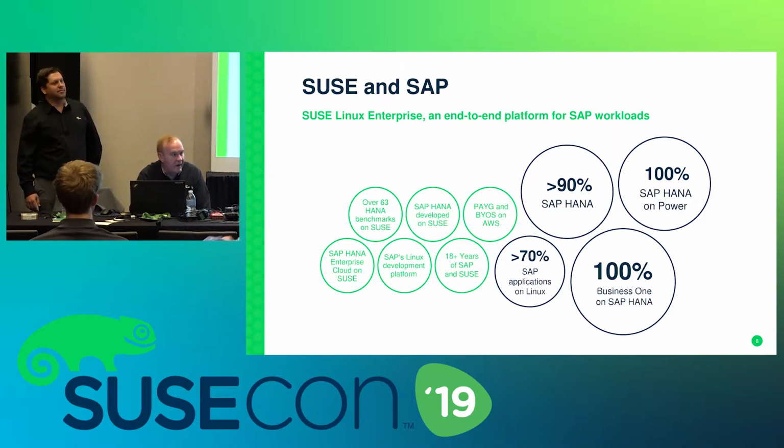Their cloud is based on our SUSE OpenStack cloud. We have 18 or 19 years of working with them, with people on site at Waldorf, Germany, where the SAP Linux lab is. So they know our products the best, they develop on it, and they're best prepared, I would think, to make sure that their products work seamlessly and with no problems on our platform.